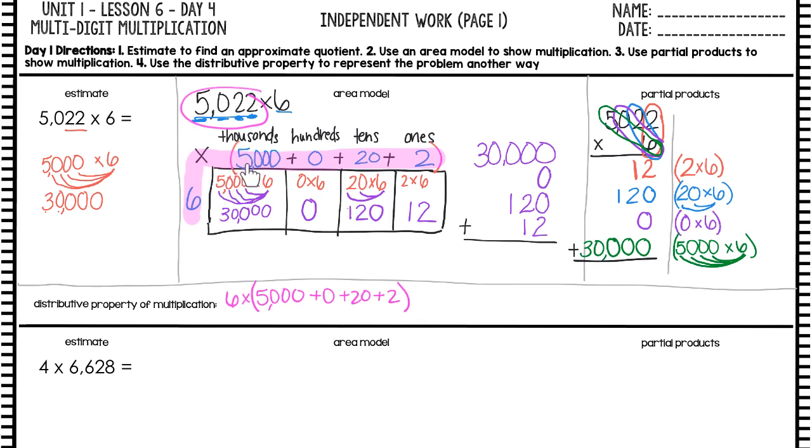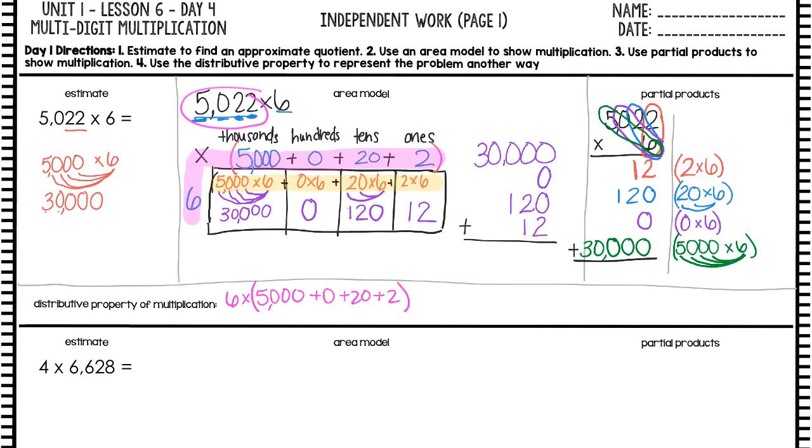The other way that I could show what we did is that, in the area model, we multiplied each value times 6. And we did the same thing in partial products. So our other way that we could write this is 5,000 times 6 plus 0 times 6 plus 20 times 6 plus 2 times 6. So I'm going to add my little plus signs here.